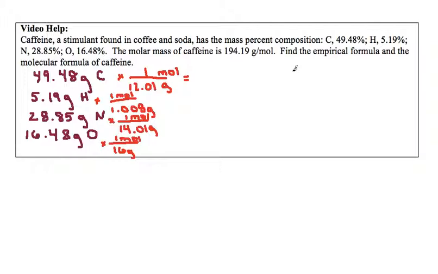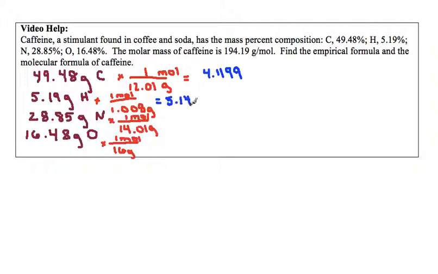So get out my handy dandy calculator and you do 49.48 divided by 12.01, and I get 4.1199. For the next one, 5.19 divided by 1.008, and I get 5.14.